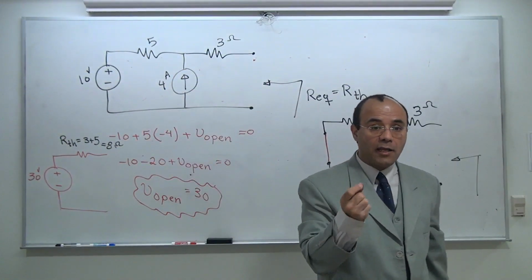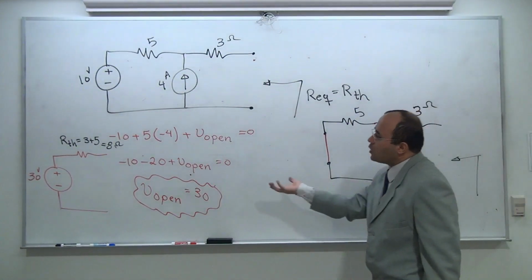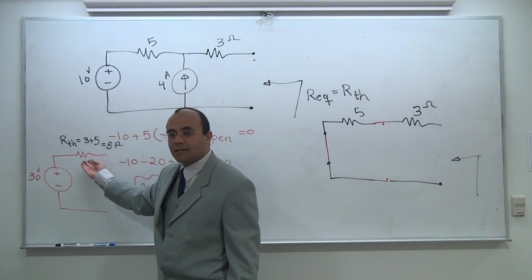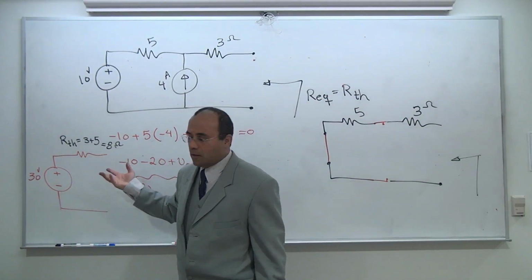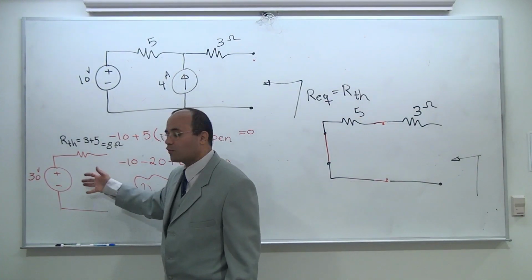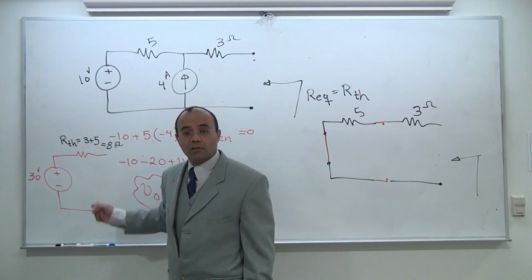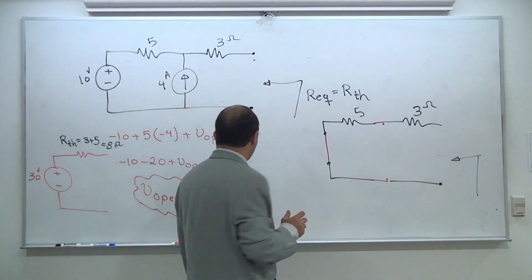Can I find my I short or I Norton? You see, I'm not worried about R Thevenin because R Thevenin and R Norton are the same. If I wanted to, I could have gone through this final source transformation from this stage to get me my Norton. You can also find your Norton through the definition.